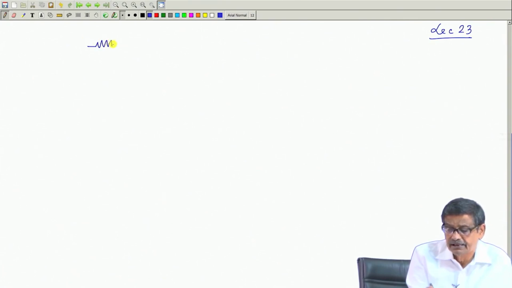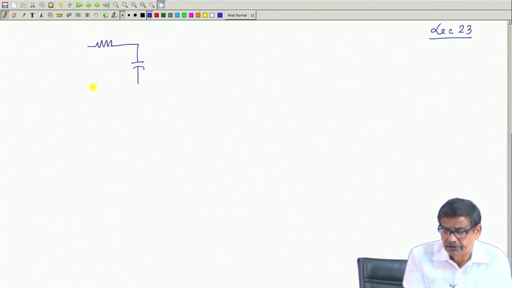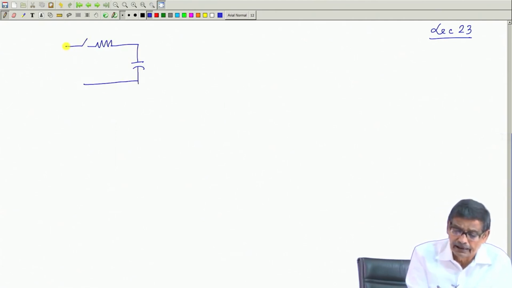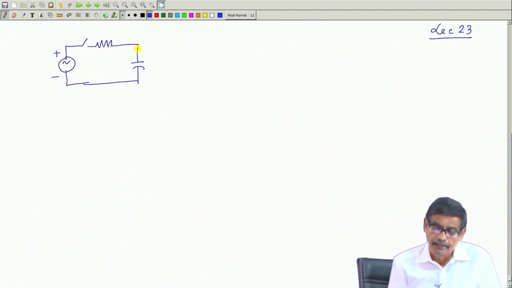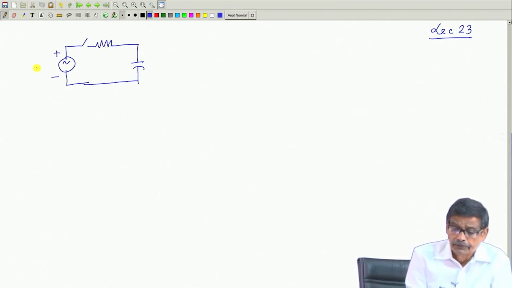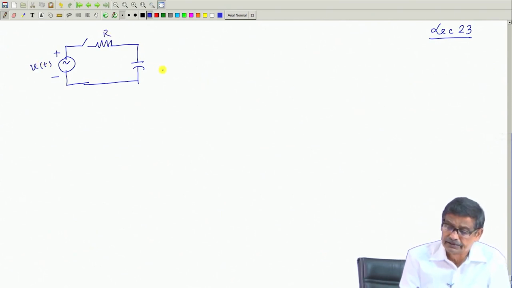Very quickly, let me do this, for completeness' sake, so that you can proceed further. I will switch it on to a sinusoidal voltage source. So, this is V(t), and I will do it rather quickly.